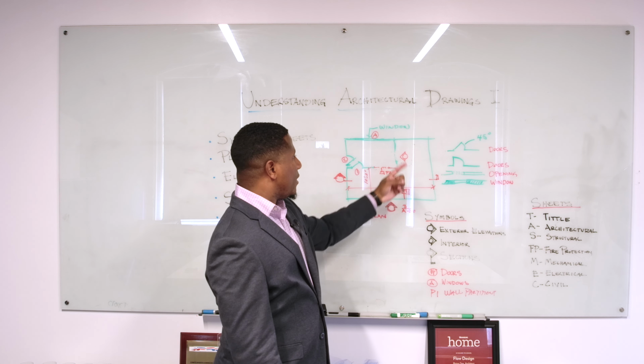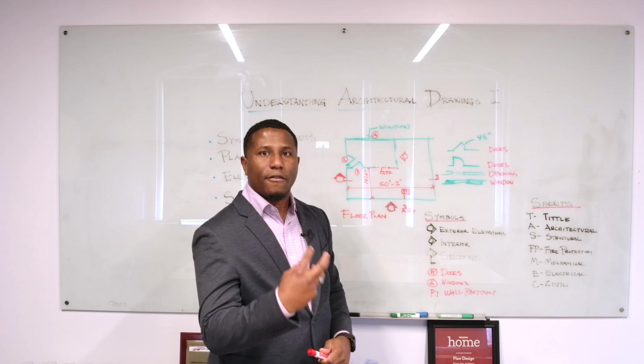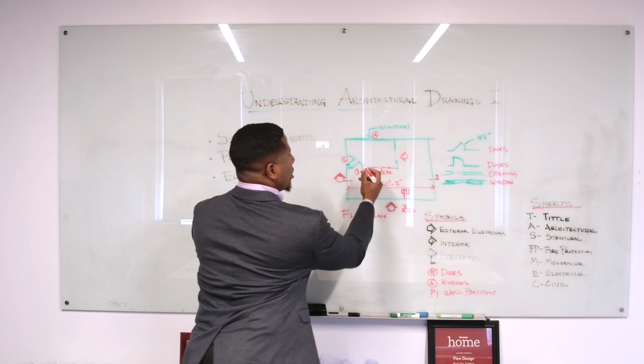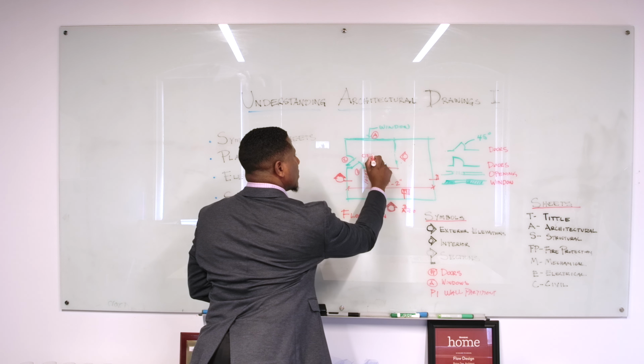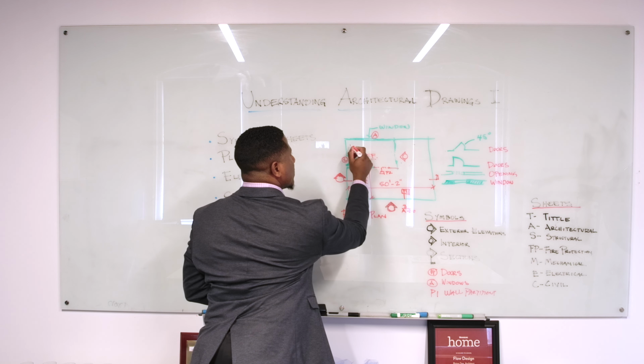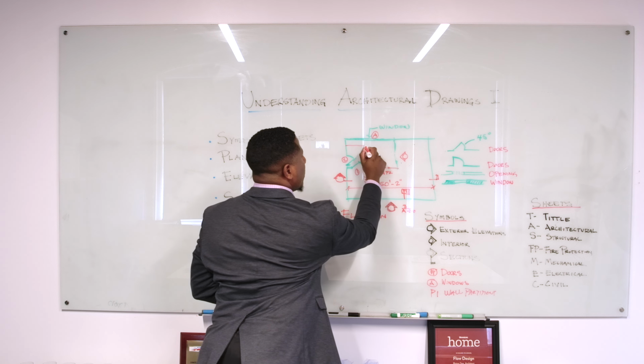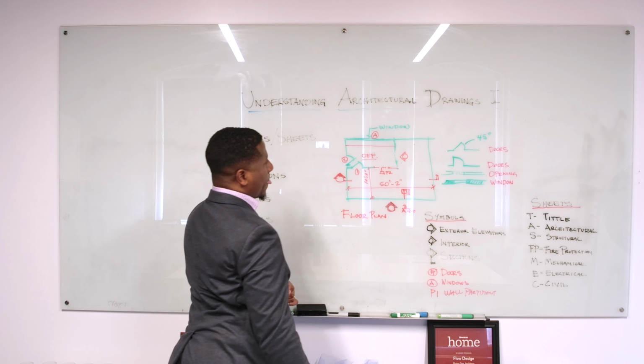Typically, it's within the floor plan itself. So in other words, let's imagine there is a room and this room is an office. Let's say this room is an office and you have a counter. This line will indicate a counter.